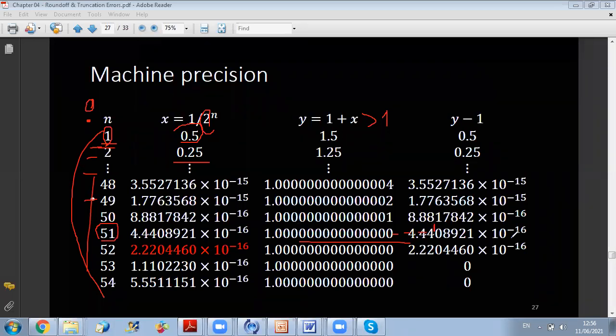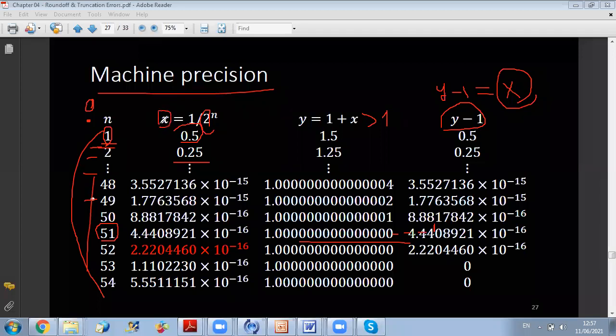But to be able to see it here directly, we computed y minus 1. Analytically, y minus 1 should give me exactly x. But if the number of digits exceeds the capacity of my computer, it will not read it, it will just read 0. So if I want to know the machine precision, I can do a small calculation. I do 1/2 to the power n.